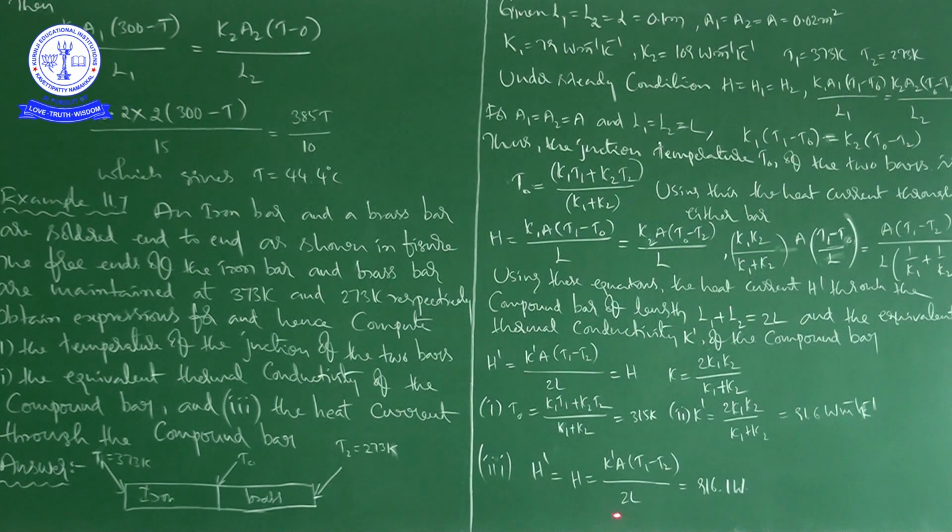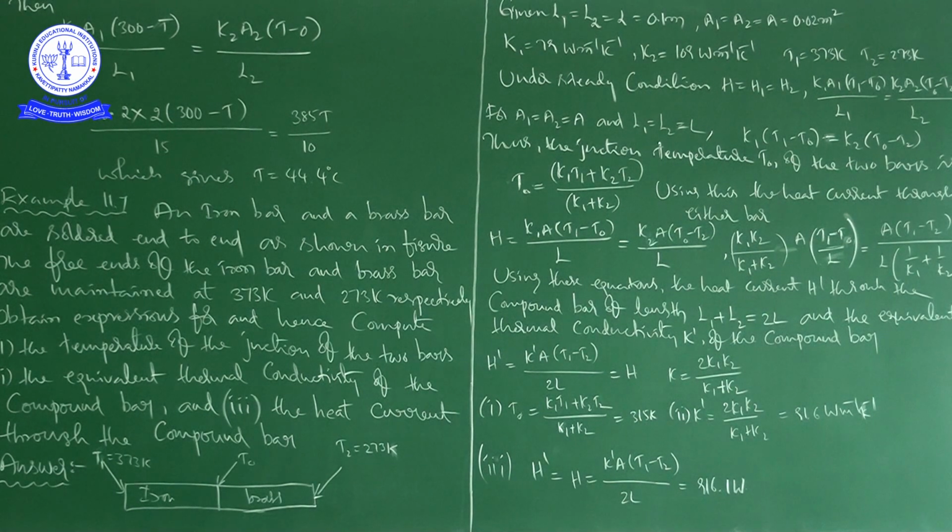If you substitute the values, you get 91.6 into 0.02 into 373 minus 273, divided by 2 into 0.1, which gives us 916.1 watt.